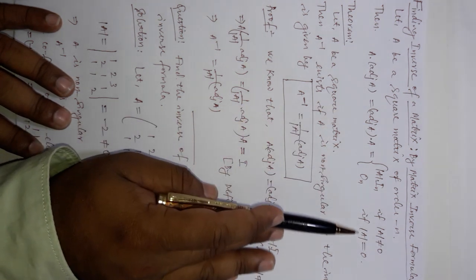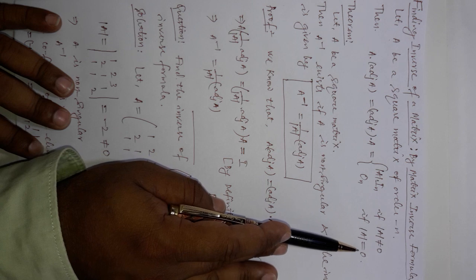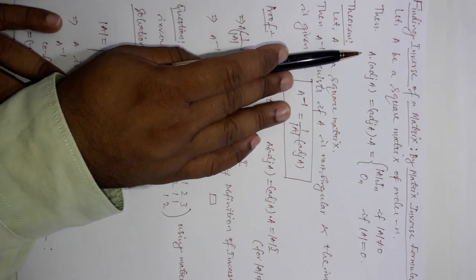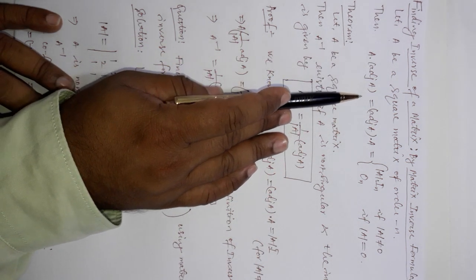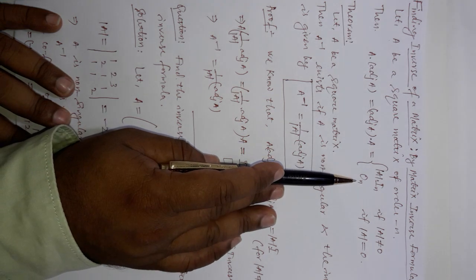But if the matrix is singular, if its determinant value is 0, then the product of the matrix with its adjoint results in a 0 matrix of the same order.